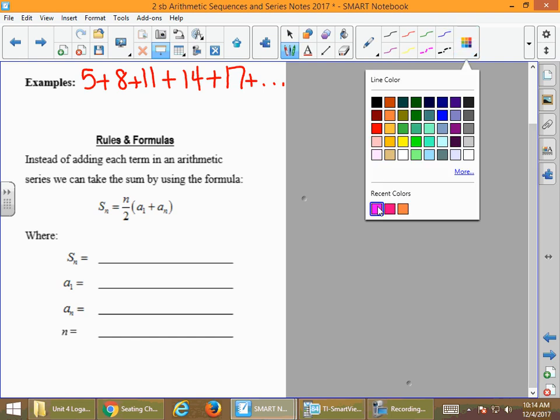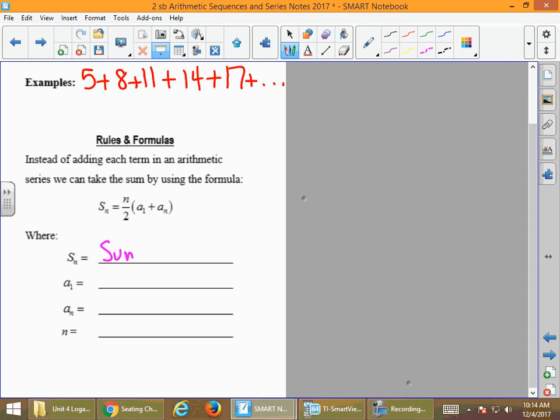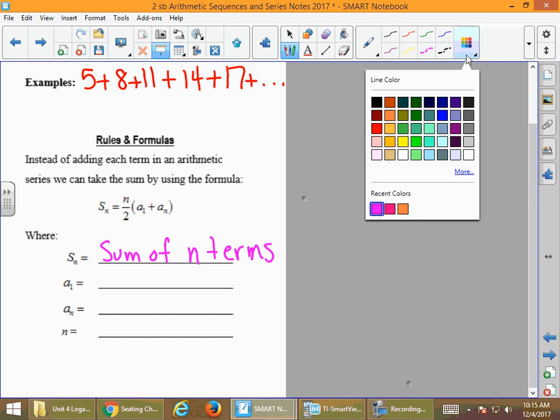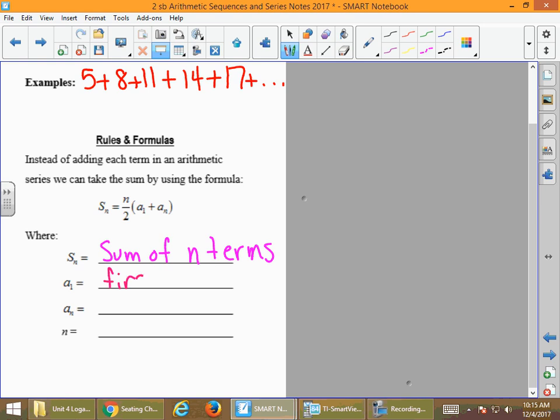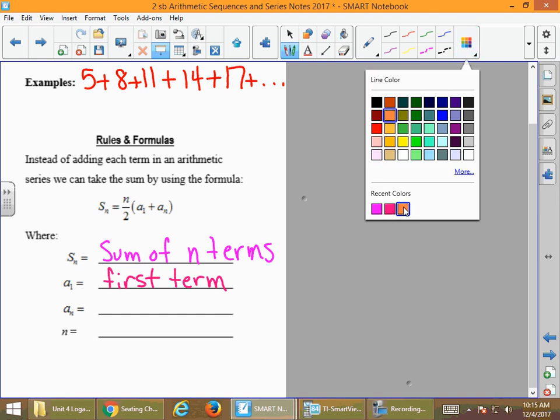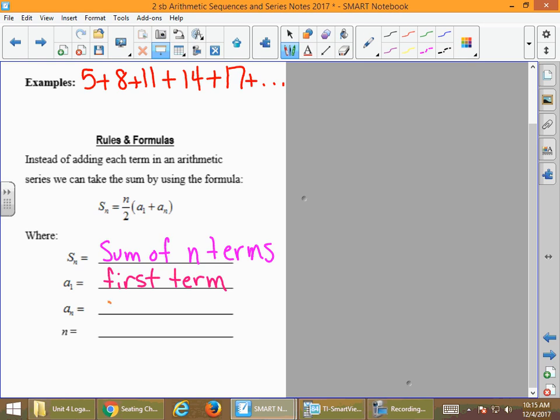So if we look at, in particular, what these parts represent, S sub n is the sum of n terms. A sub 1 is still our first term. A sub n is our nth term.